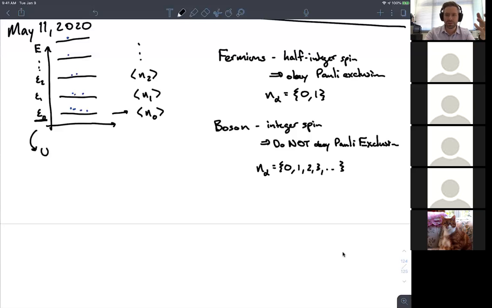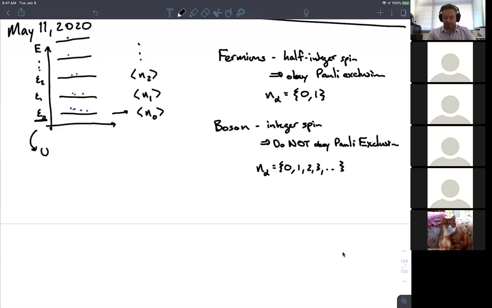But now if you combine material particles in certain ways, they can combine in such a way that their total spin adds up to an integer. So something like helium-4, which is a material particle made out of protons and neutrons, still acts like a boson because it has integer spin, because the spins of all the protons and neutrons add up to an integer value.